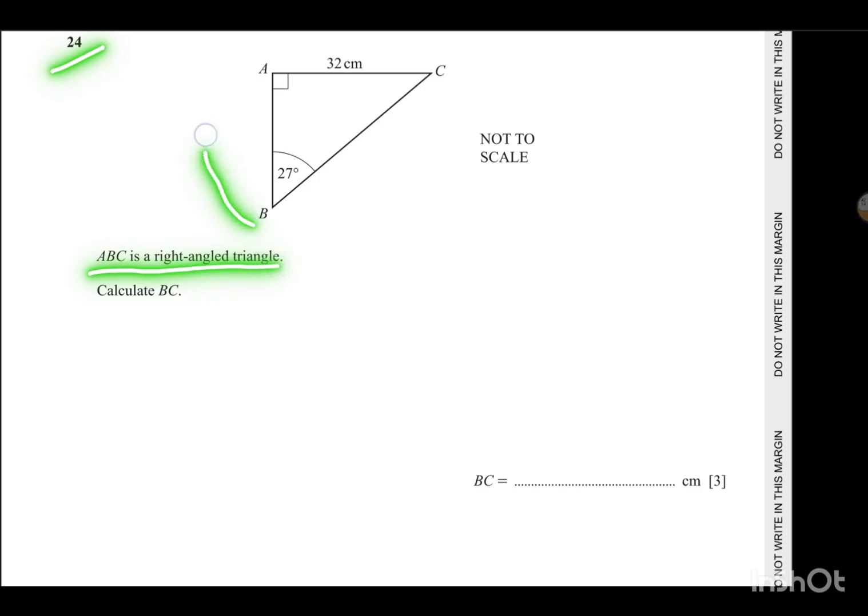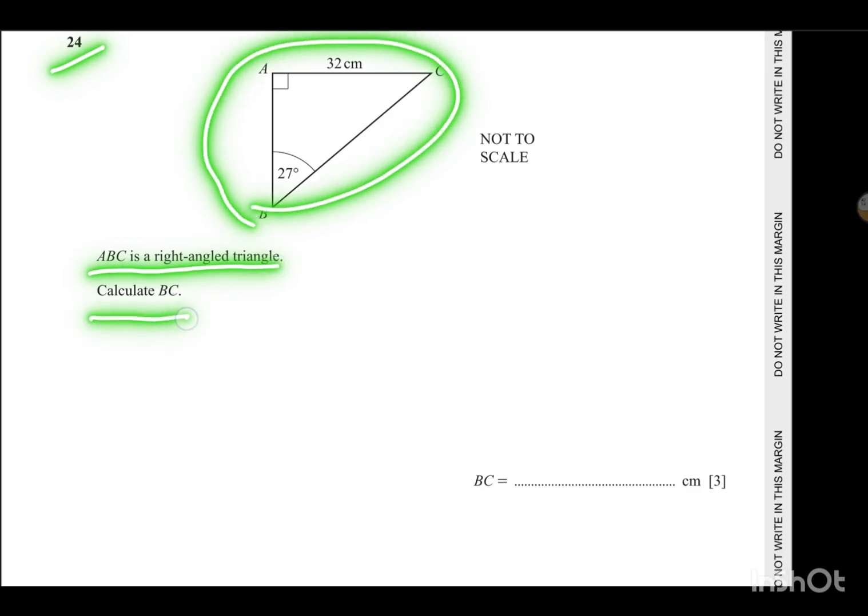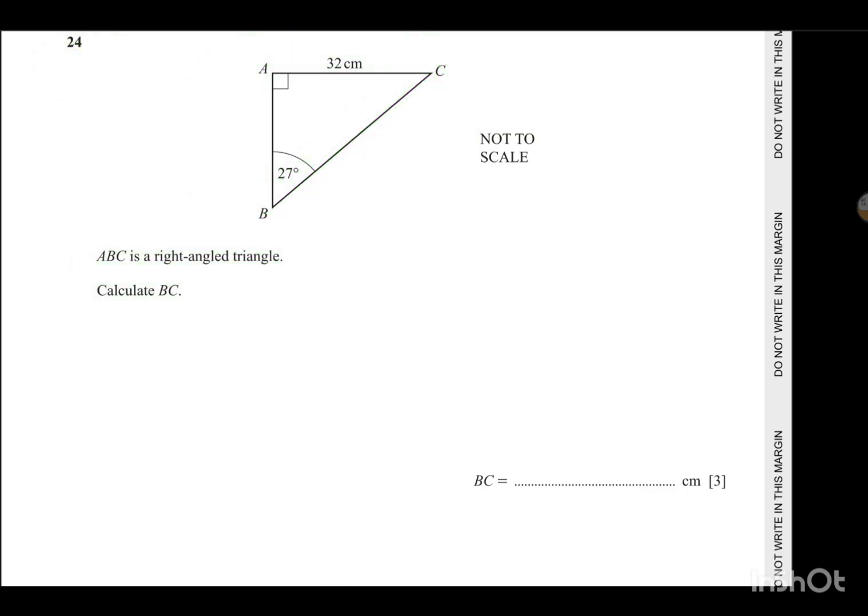Question number 24. ABC is a right angled triangle. Calculate BC. We need to find out the length of BC. So here in this triangle, we see that AC is 32 centimeters and angle ABC is given, which is opposite to this side. And what we need to find in the right angle is the hypotenuse. So when you are finding the hypotenuse and you know the opposite side, you have to take the sine of that angle. So sine theta is equal to opposite side by hypotenuse.